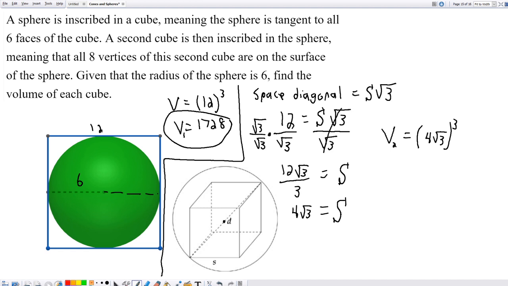Now the square root of 3 times the square root of 3 is 3. So we do 64 times 3 to get 192. But then we have a leftover square root of 3, since it's, again, being raised to the third power. So our final volume is 192 times the square root of 3.